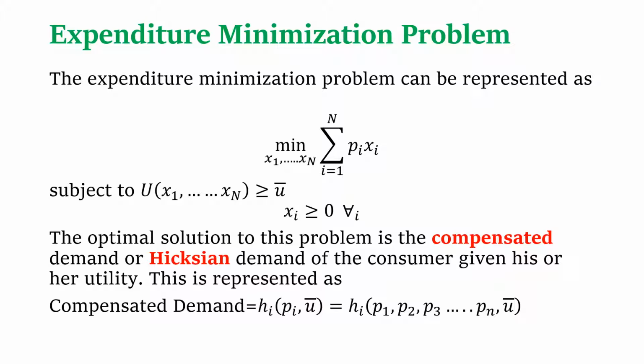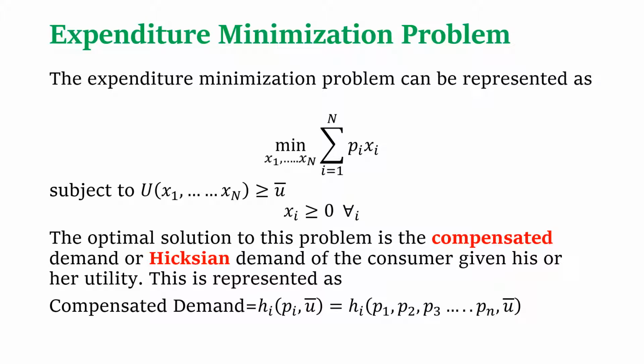Now, the optimal value obtained here is denoted as the Hicksian, h(p, U bar). Remember, U bar is the targeted utility, which is given. It becomes exogenous.